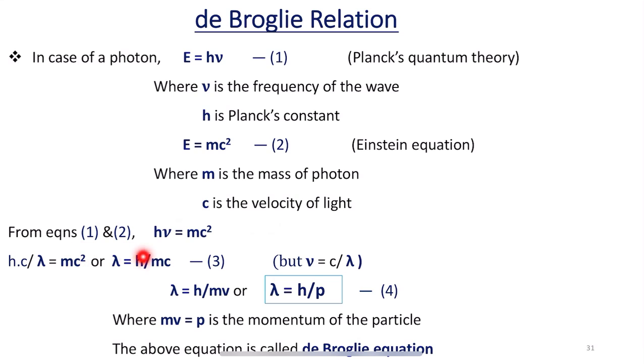So from equations 1 and 2, we have hν = mc², where m is the mass of the photon and c is the velocity of light. But we have ν = c/λ, where c is the velocity of light divided by the wavelength, which gives the frequency ν.